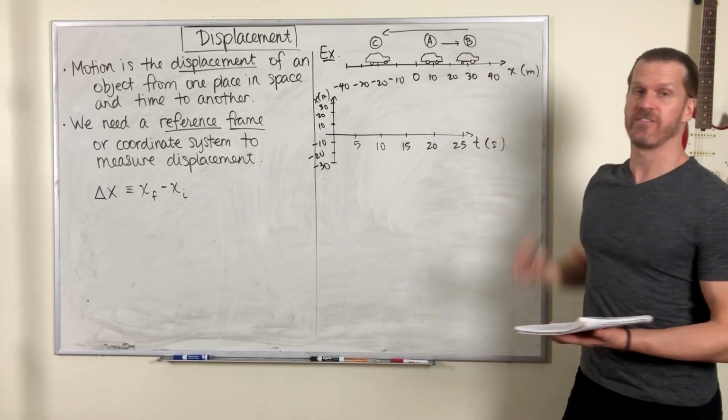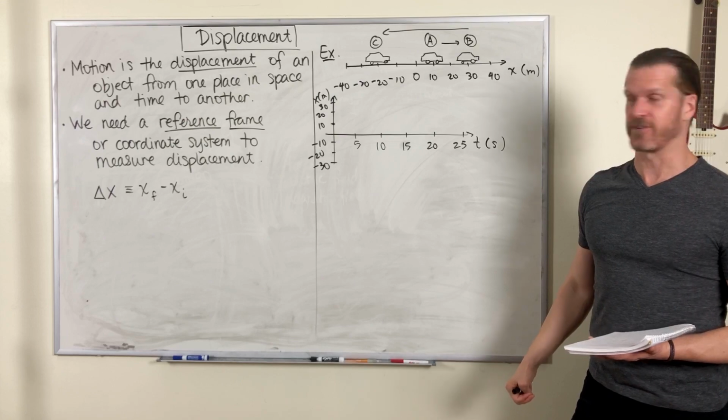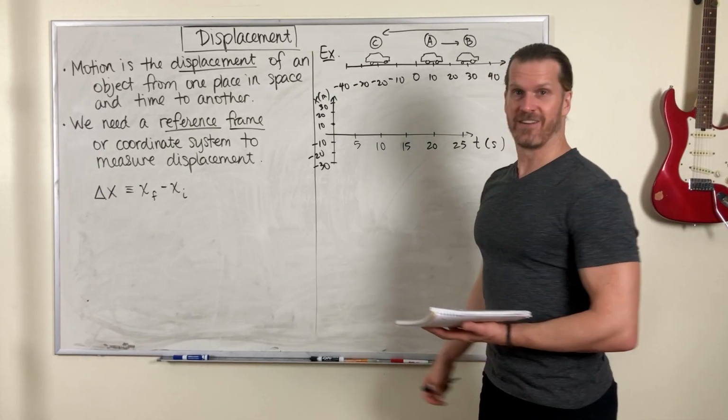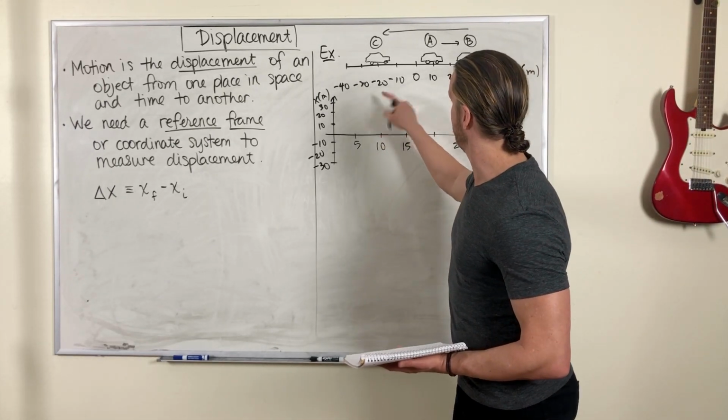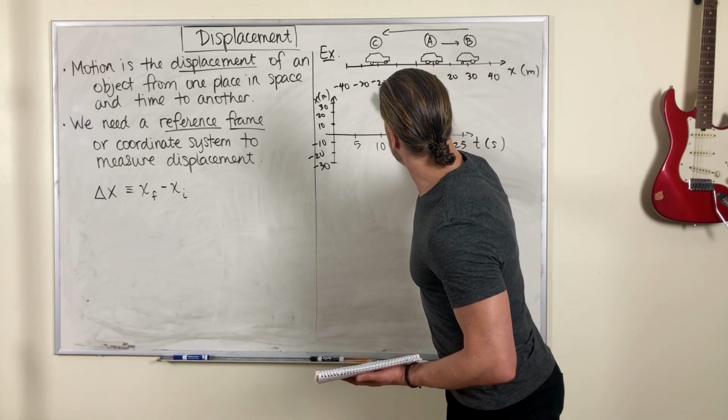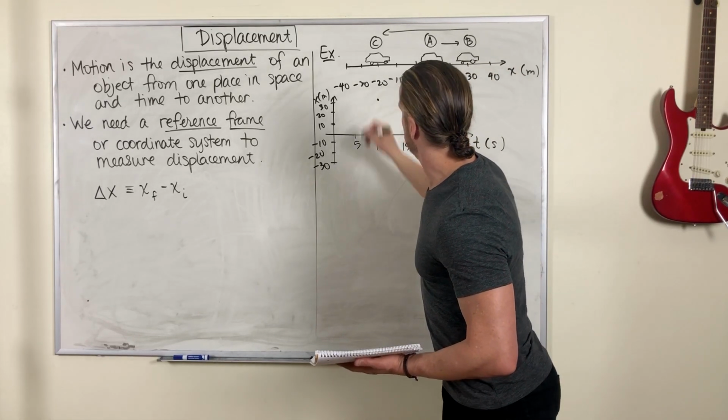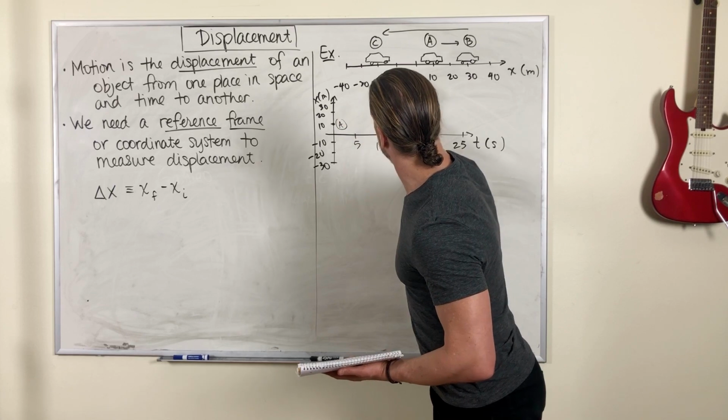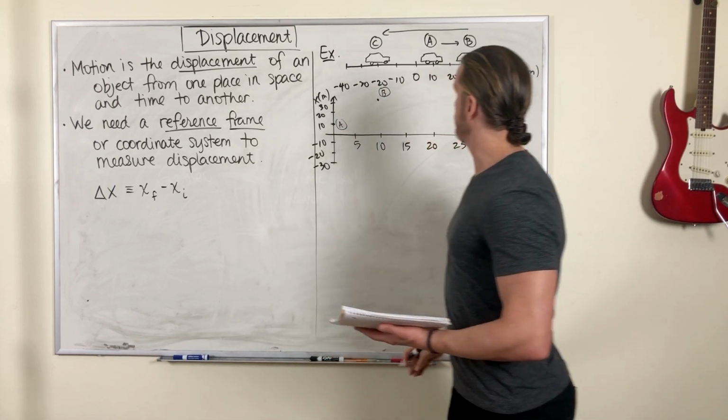And let's say it takes 10 seconds for it to drive to location B. Location B is 30 meters, so at 10 seconds the car is here. So that's A, that's location B.